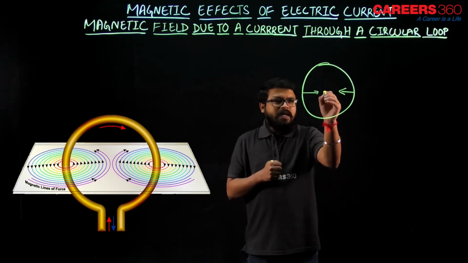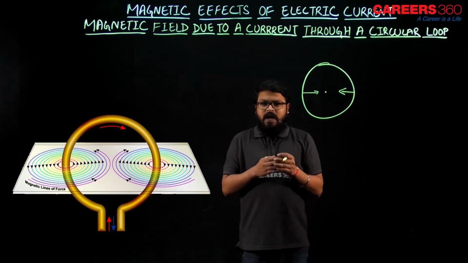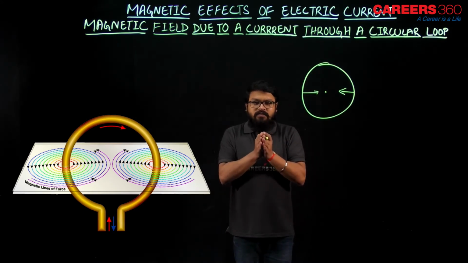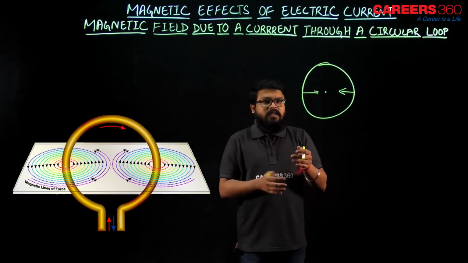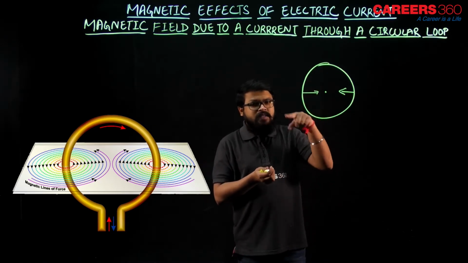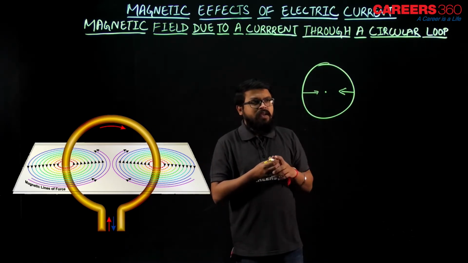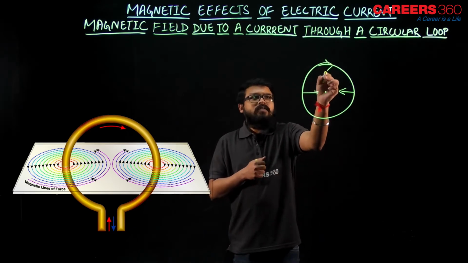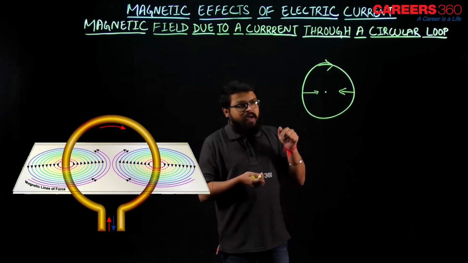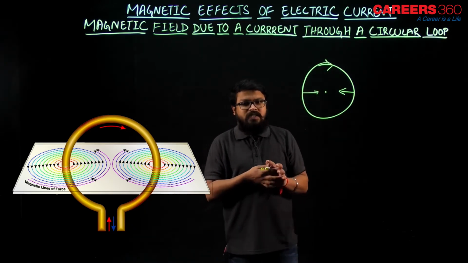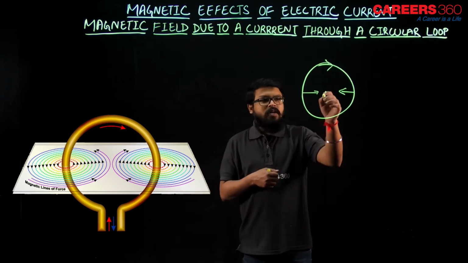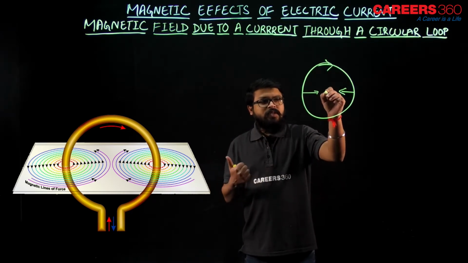So at the center, the resultant magnetic field line would be straight. If the current is flowing in the clockwise direction, the magnetic field line would be into the plane, as you can see through the picture which I have given you.